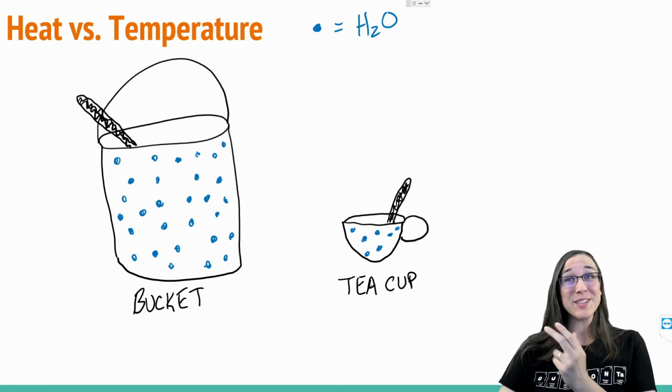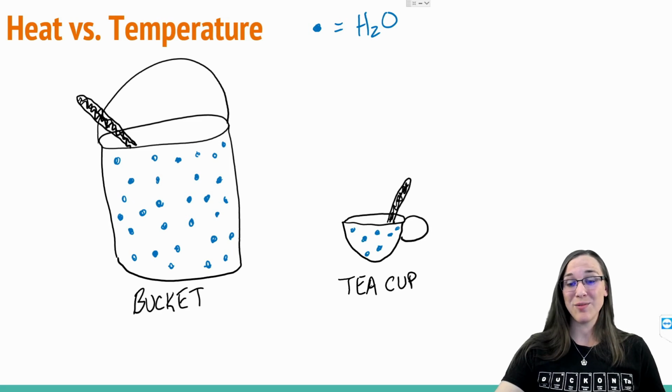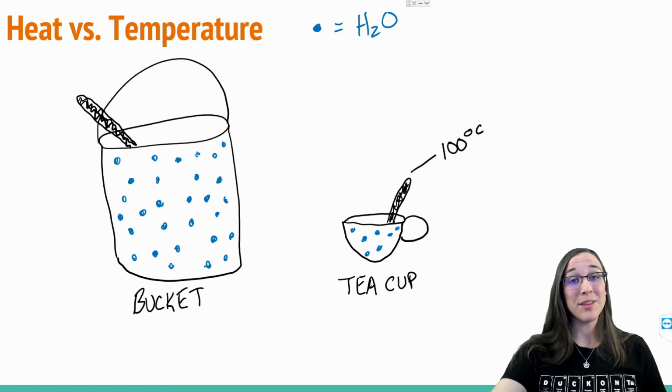Let's take a look at this bucket versus teacup example. Let's say we stick a thermometer into both of these, and we see that the teacup has water at 100 degrees Celsius. That's its temperature. And the thermometer in the bucket reads 50 degrees Celsius. Again, that's the temperature of the bucket.